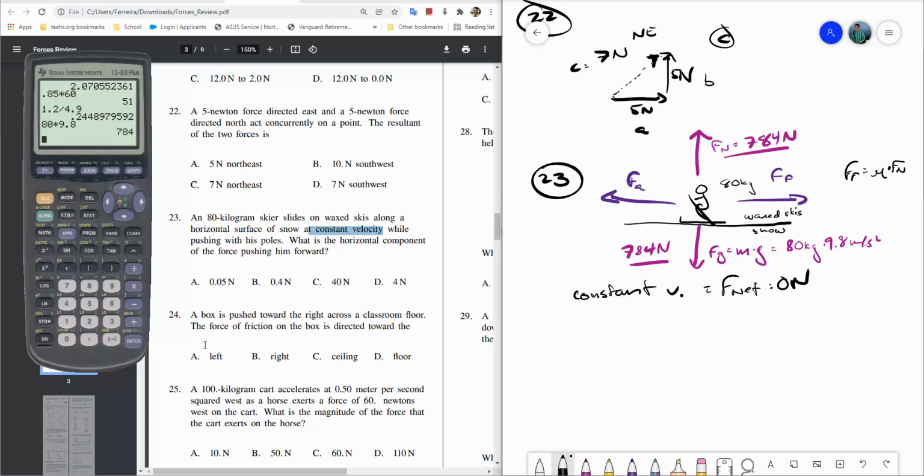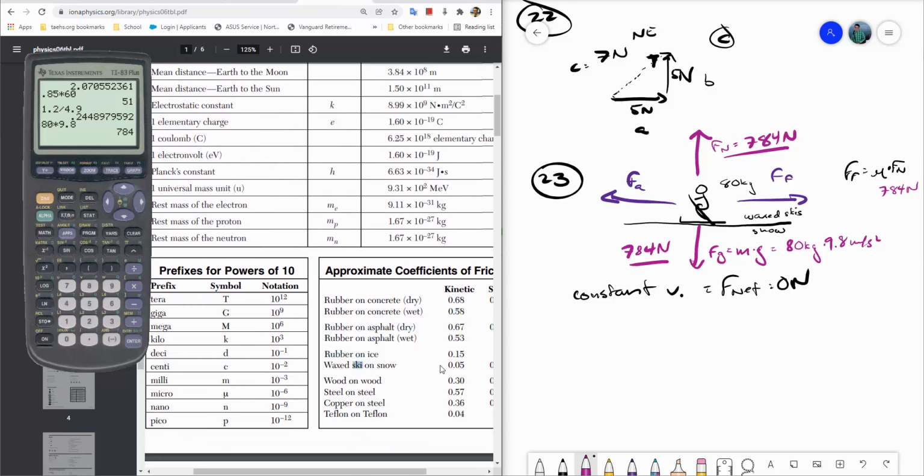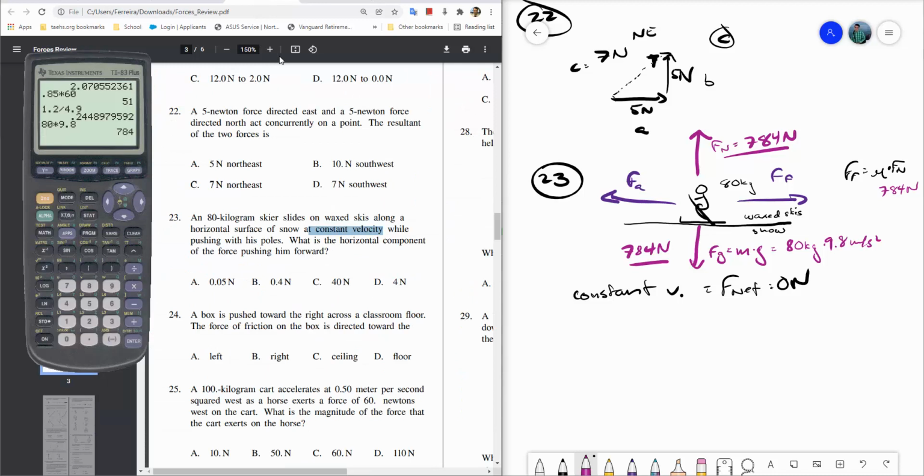So we have a normal force of 784 newtons. Now mu, using your reference table, waxed ski on snow is 0.5. And again, they said he's sliding, so we're looking at kinetic. So mu is 0.5.